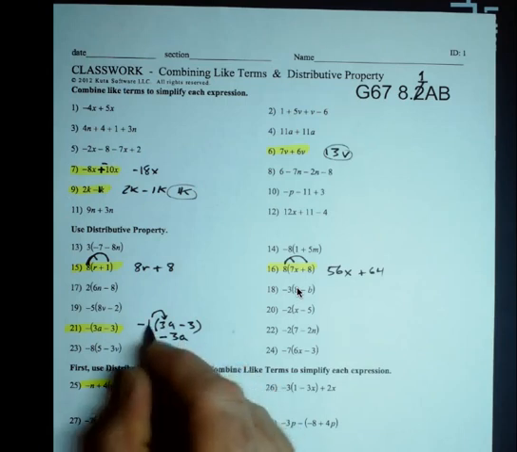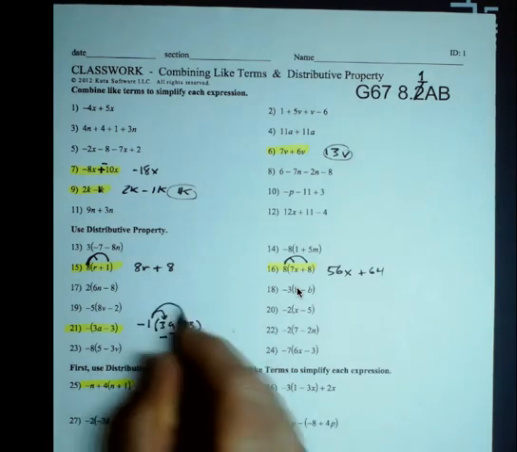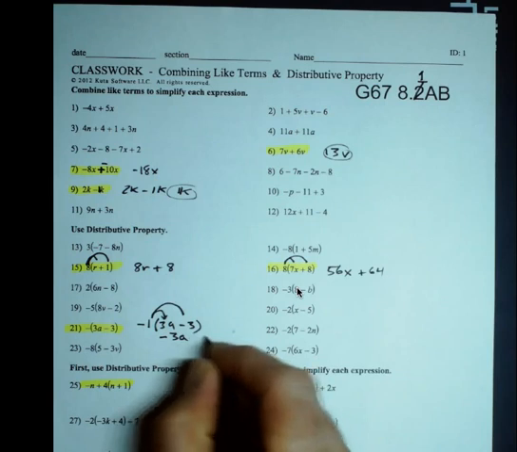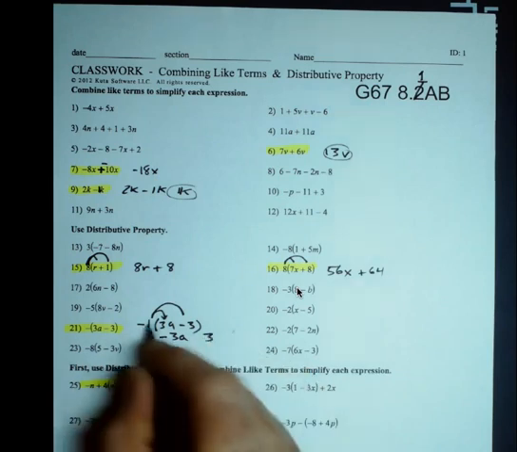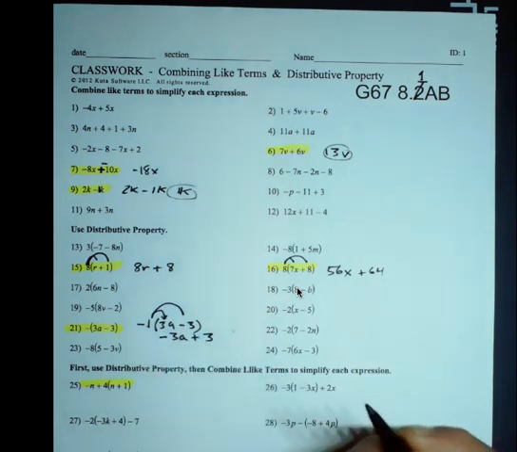Because negative 1 times 3 is 3, and it's a negative because you only have one negative symbol. Now I have a negative 1 times a negative 3. Well, 1 times 3 is 3. A negative times a negative is a positive, so instead of being minus 3, this is actually minus 3a plus 3.